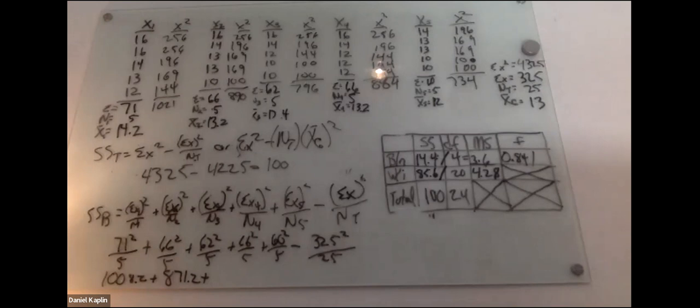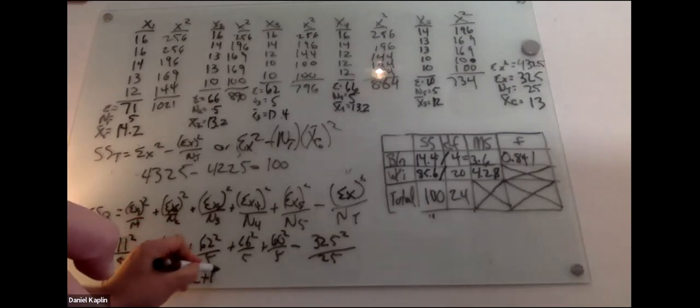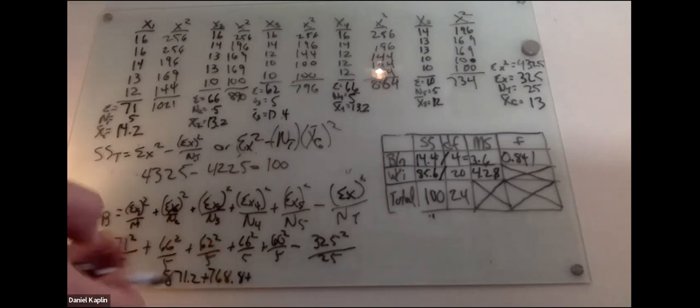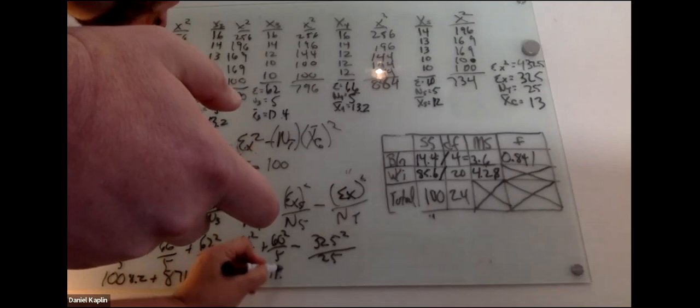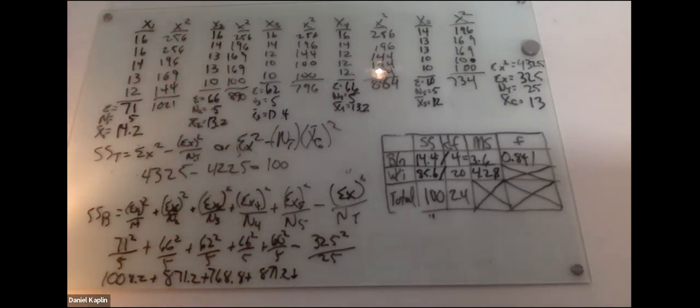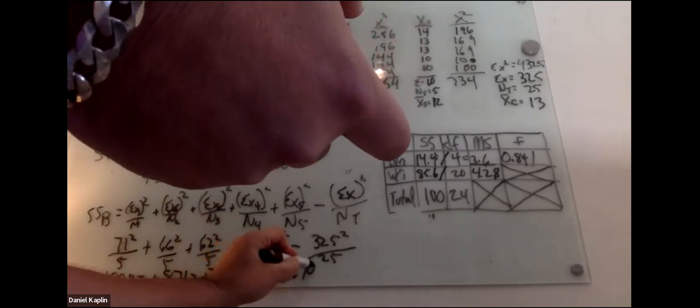divided by 5 gives us 768.8, plus 66 squared again divided by 5 gives us 871.2. And lastly, 60 squared divided by 5 gives us 720.